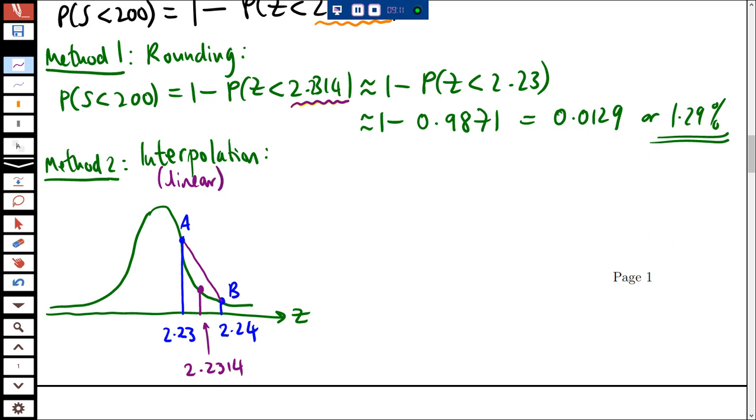And we're going to estimate the area that we want by just assuming that point on the curve is roughly the same as that point on the line. Okay, so my scale's not great, so it looks quite different, but actually these numbers are much closer. So actually it is going to be a lot closer than what I'm suggesting from my picture.